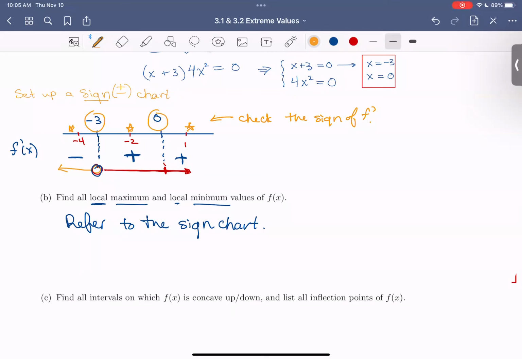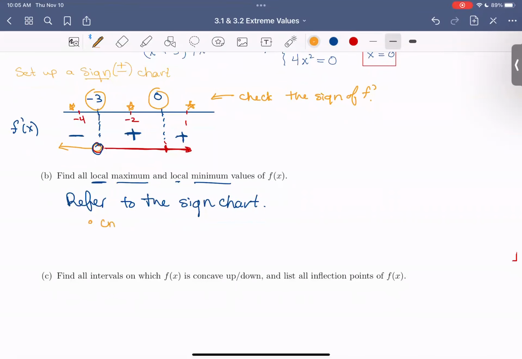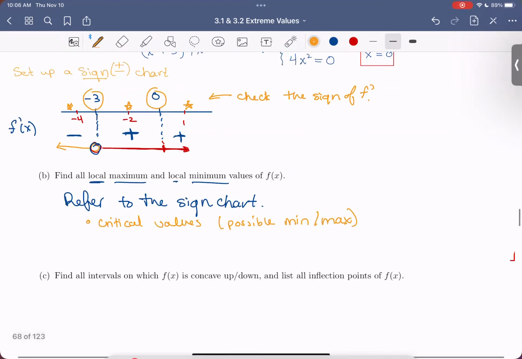And what we also notice, and I'll make sure we record this so we can follow along: critical values, so those are possible mins or maxes, occur at the critical values. We don't have a closed interval that we're computing our function over, so we don't have endpoints we need to consider.